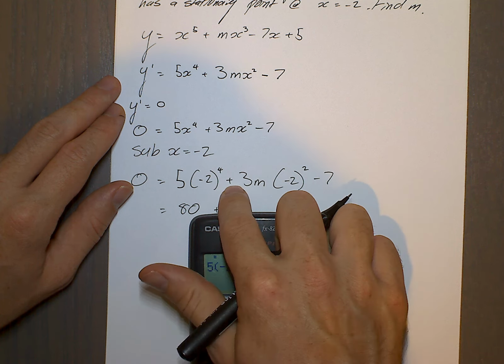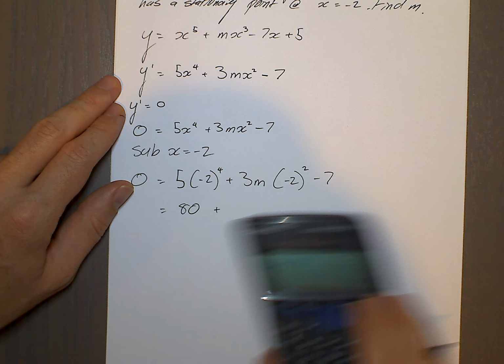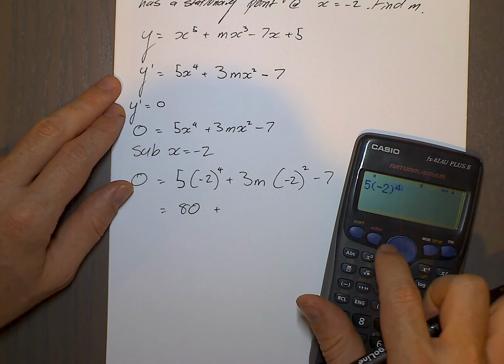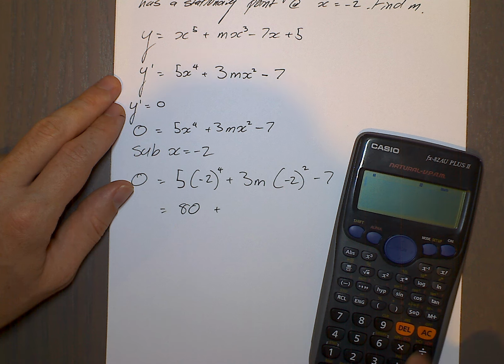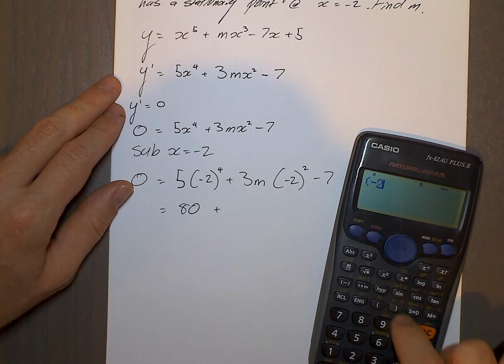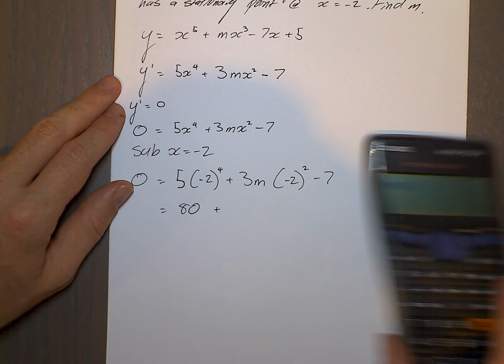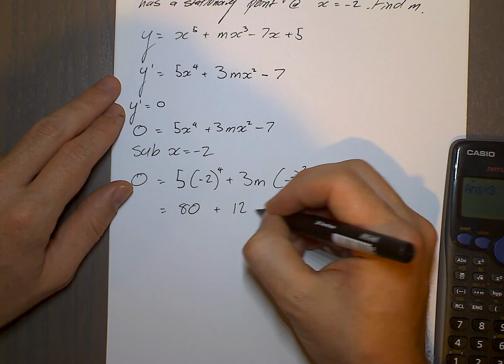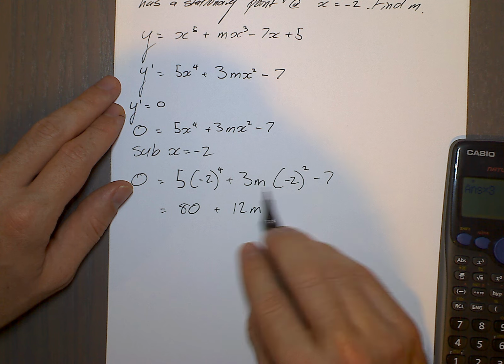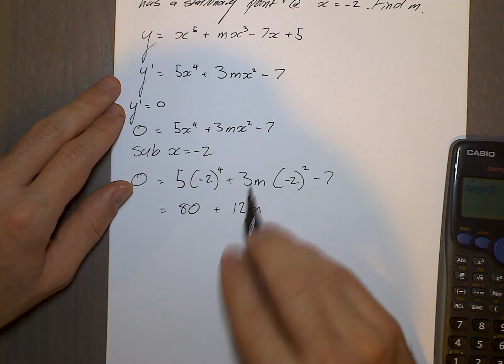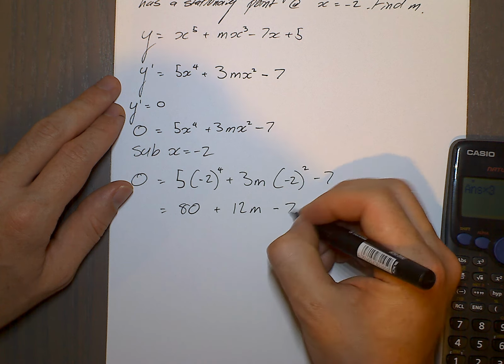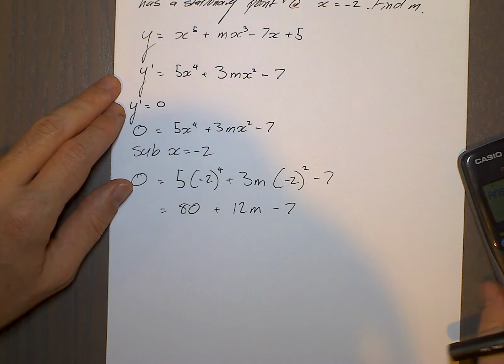So I can put these together and just put it at the front of m. Negative 2 squared is going to be 4, times 3 gives me 12. So that's 12m. So remember, that times that times that. So really that's 4 times 3, which is 12. Minus 7. Now that's all equal to 0.